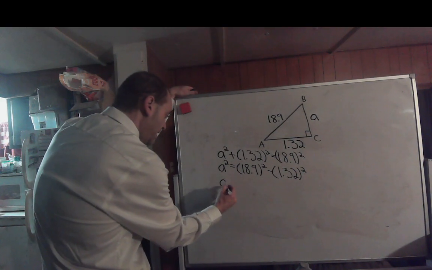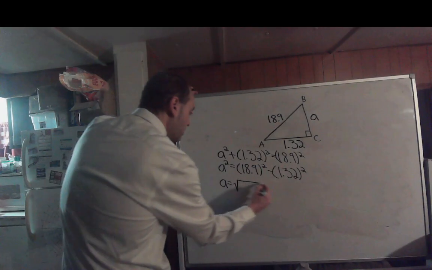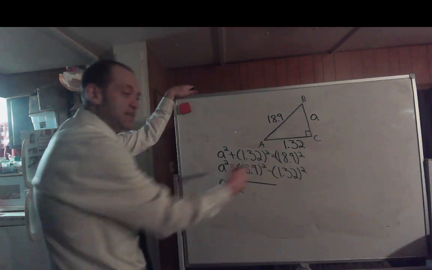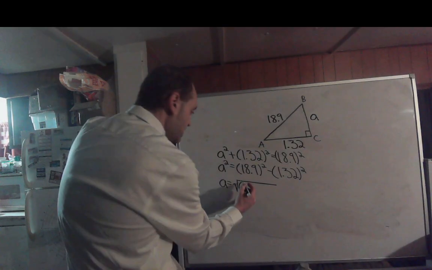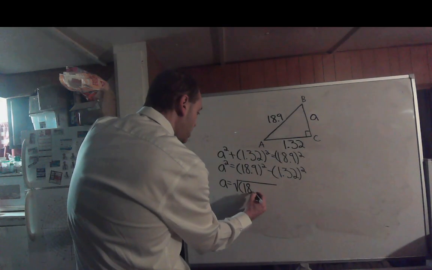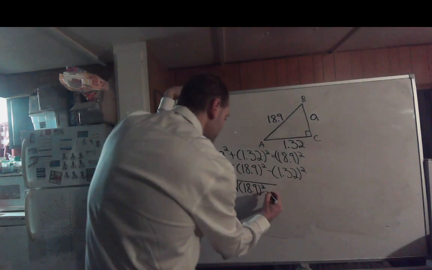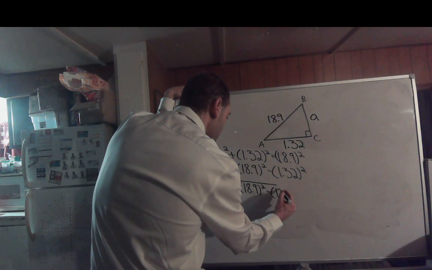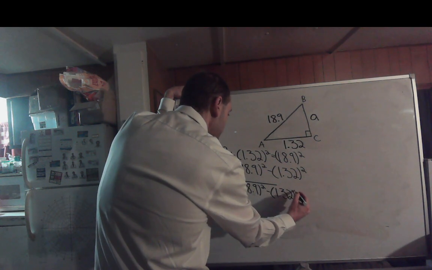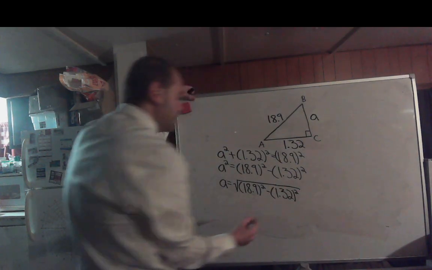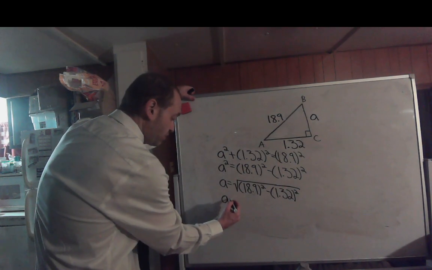So then A would equal the square root of all that. And there's a reason I'm not doing the squares yet. I want to take this all as one answer because we want to get the most accurate decimal approximation possible. If you round too soon, you could end up being off a little bit, or a lot even.